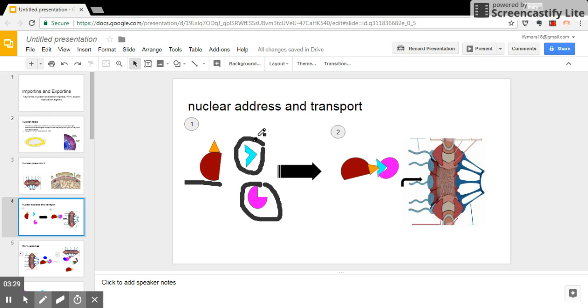More specifically, this would be our alpha subunit, and this is our beta subunit. These two importins are going to bind to this protein, and together they're going to move through the nuclear pore complex.